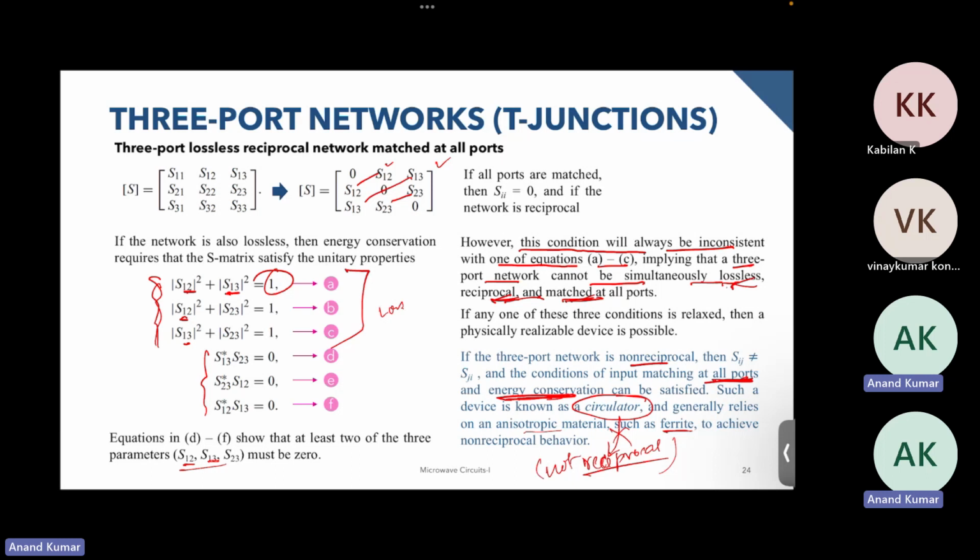That is, why we cannot have a lossless, reciprocal, and matched network together in a three-port device? Okay, so we'll proceed then.